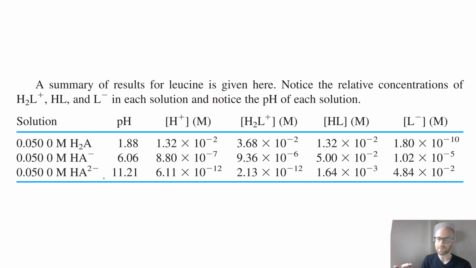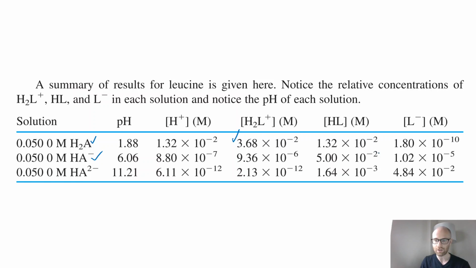To relate this back to things we've seen before, this is the data from the leucine species that we've been working through in class, and obviously we solved all of these already, but I just want to make a point of a couple things. What we see is when you start with the fully protonated version, the fully protonated version is still the substance that is in highest concentration as you look across these three.